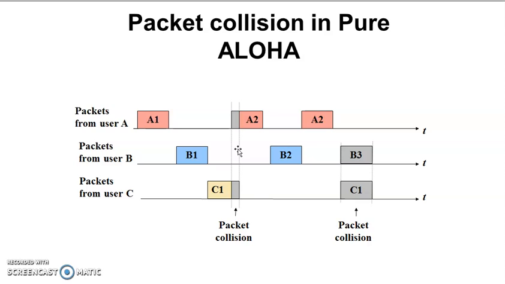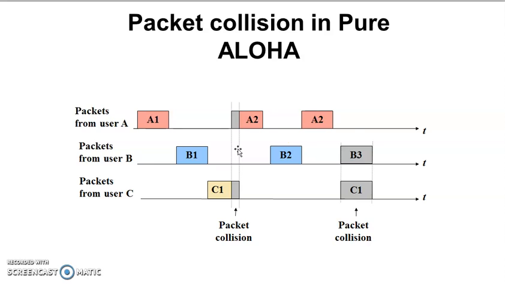If you see, a packet from user A and user C, that is, packets A2 and C1 collide partially as user A commences transmitting packet A2 before C completes the transmission of packet C1.